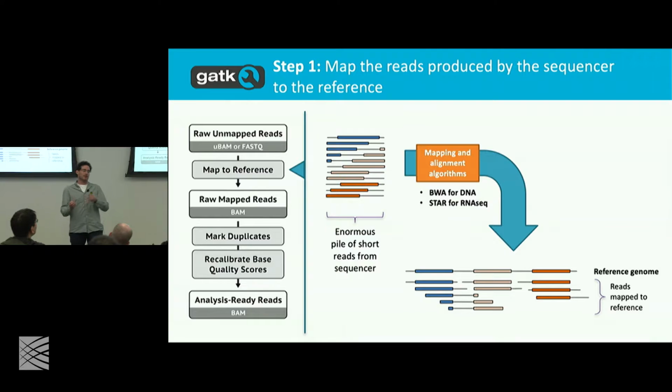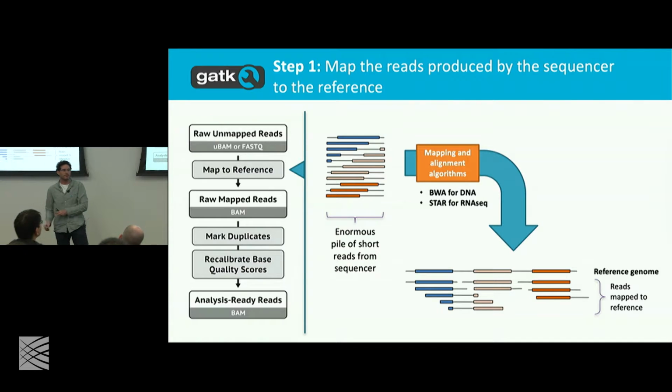Right? So it tells us the read is over here in the reference, and also, by the way, you need to have this insertion of a few bases over here and a deletion of a few bases over there, and then this is the best fit. Right? So that's what we call alignment. We use BWA MEM for DNA. We use 2-pass STAR for RNA-seq. That's our current recommended practice.